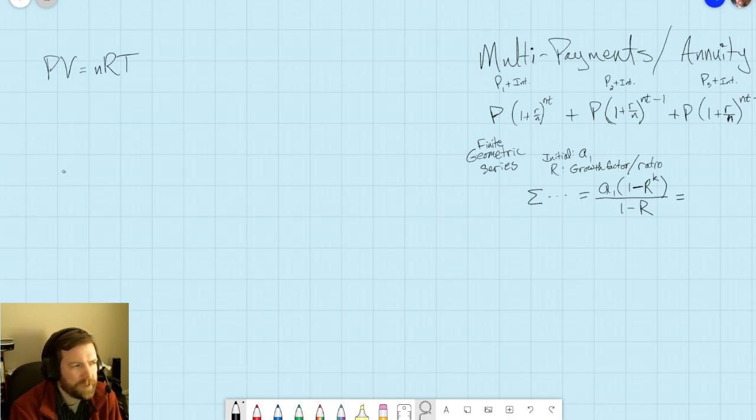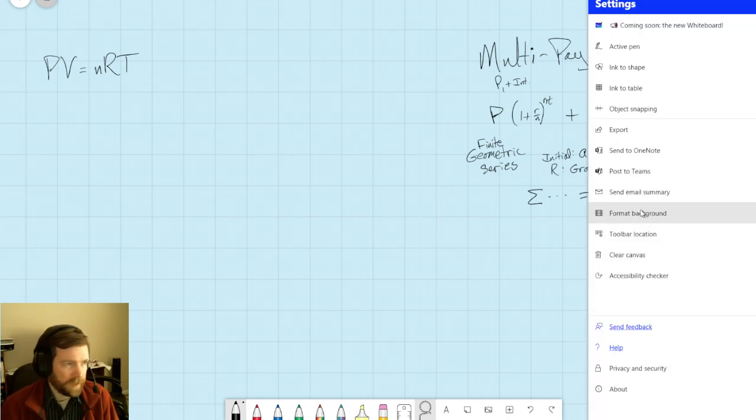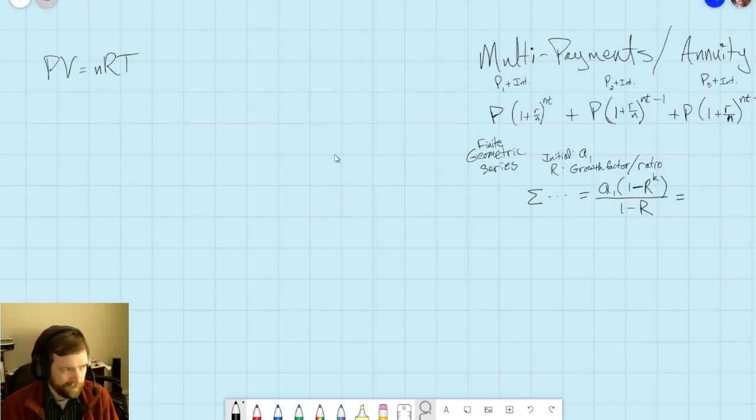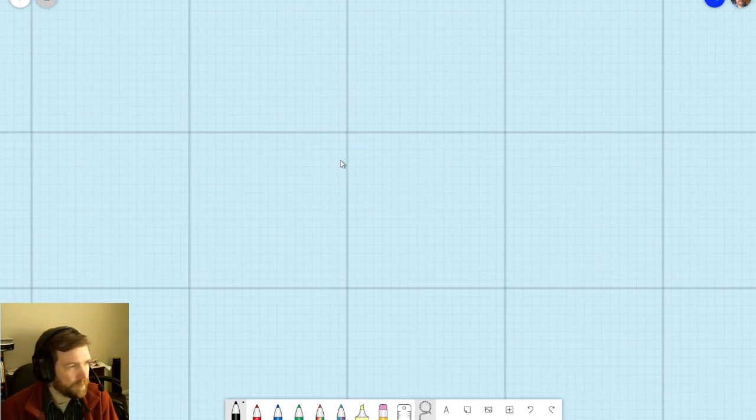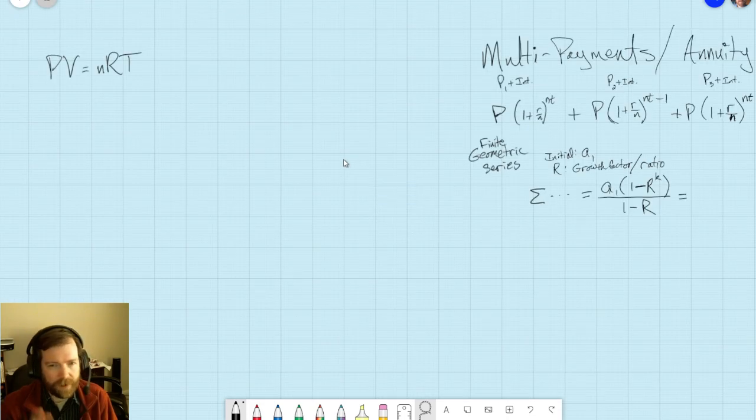I've previewed it. It is okay. Changes a few things just a little bit. So I come over to here to format background and then change it. You can see it here. It's graph paper, but I just zoom in really far. All right, I zoom out to 100%.